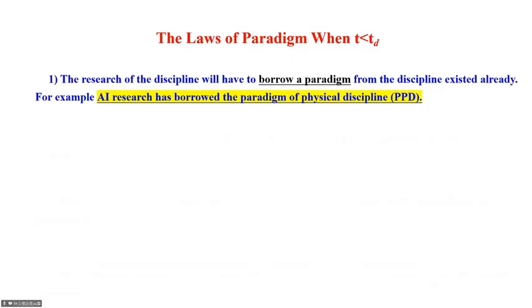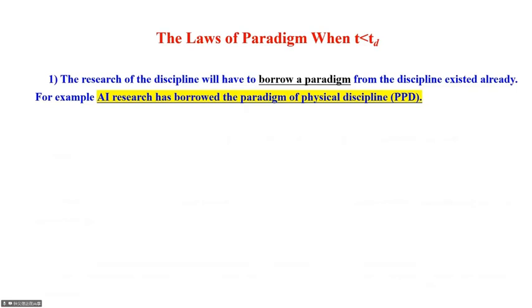Point number one, the research of the discipline will have to borrow a paradigm from a discipline that already exists, as I mentioned, because AI does not have its own paradigm to use. Therefore, AI research has to borrow the paradigm of physical discipline, PPD.